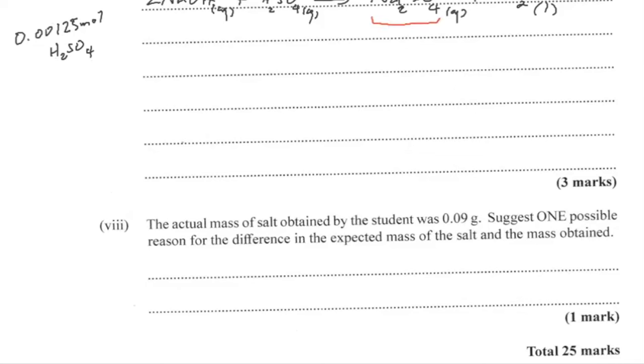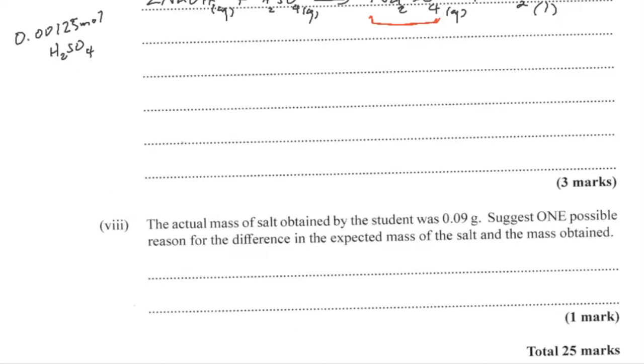Now, our sulfuric acid is our standard solution. We knew its concentration from the get-go, and we determined that we have a set number of moles of it from the 25.05 cm cube volume that was used.